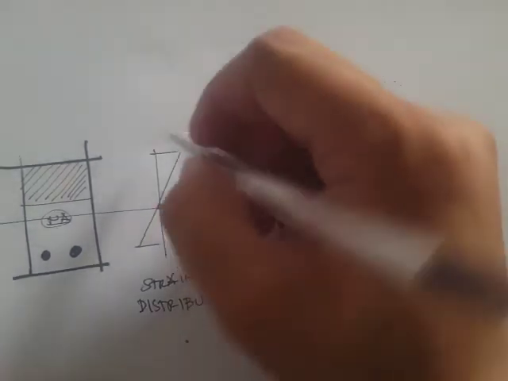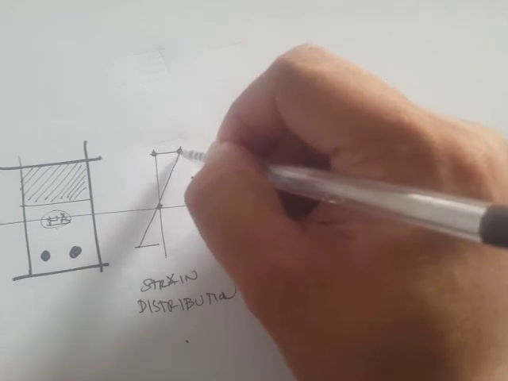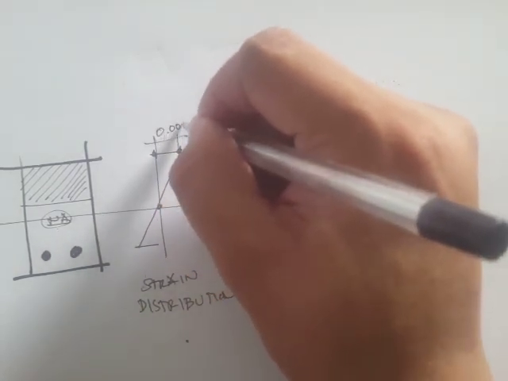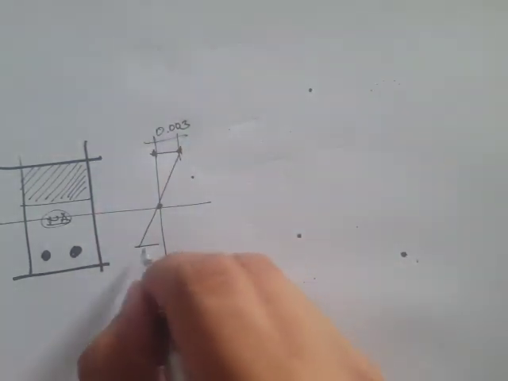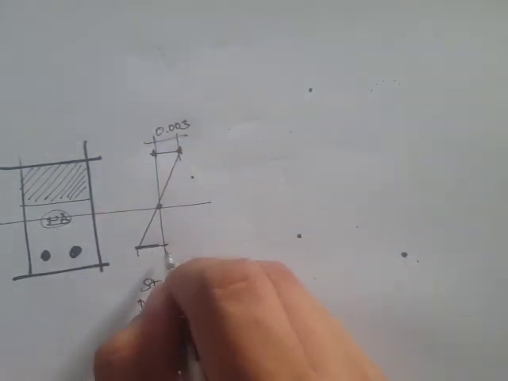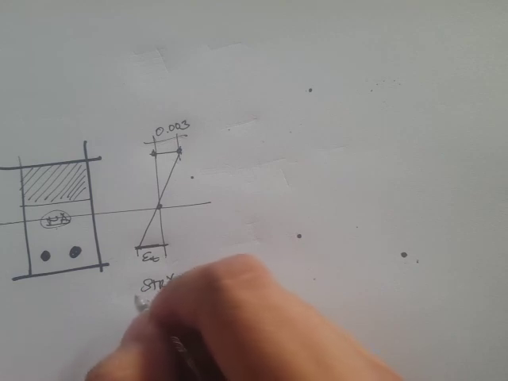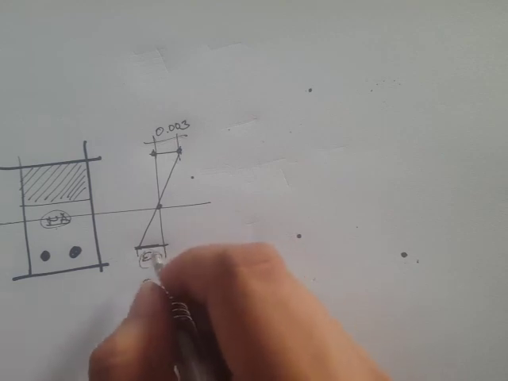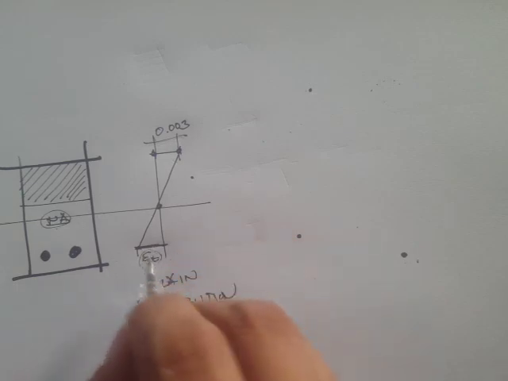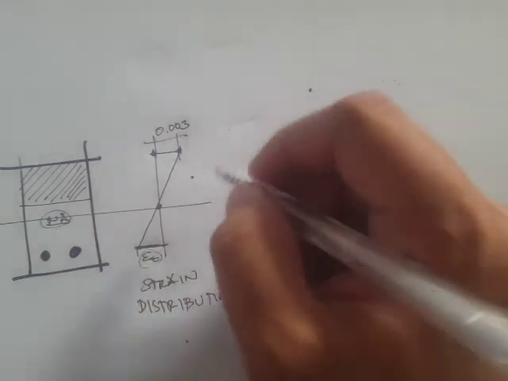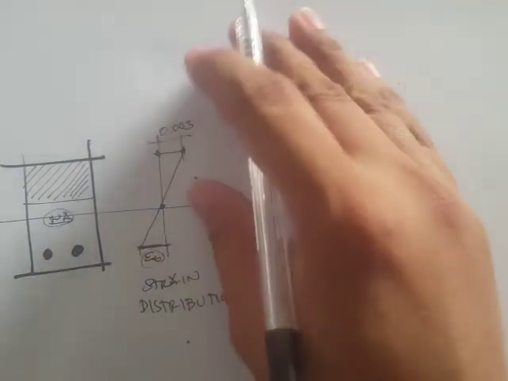Okay, so the limiting value for the strains of concrete is 0.003. And then here, the strain of the steel, of course, we have to take the strain at the extreme tension steel. So if we have two layers, that's going to be the strain at the extreme tension steel. Okay, so now let's label the parts.